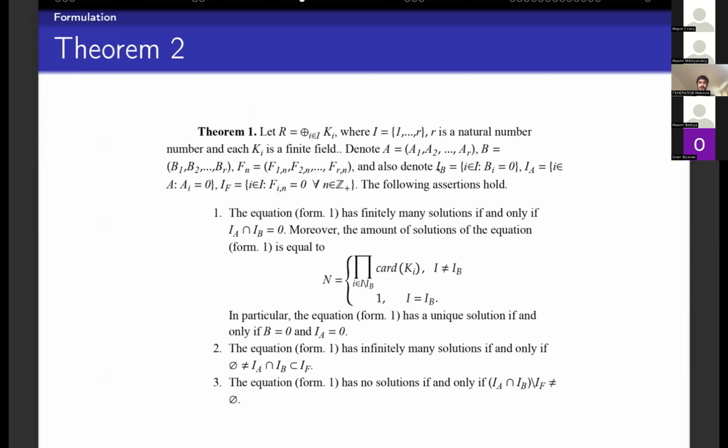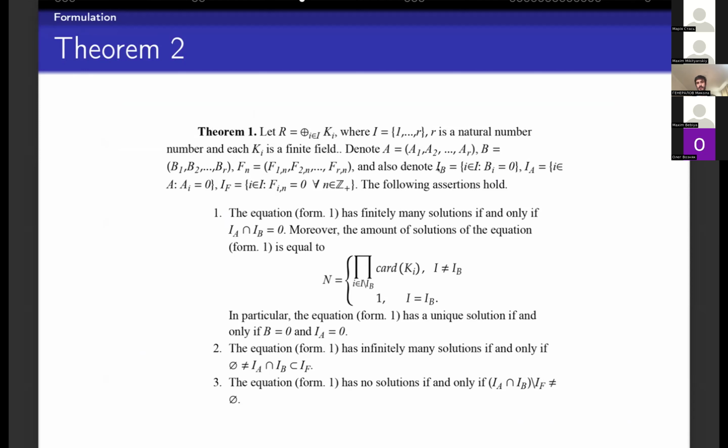I sub A is denoted in a similar way, and I sub F is all indexes for which F sub i n is equal to 0 for all n.